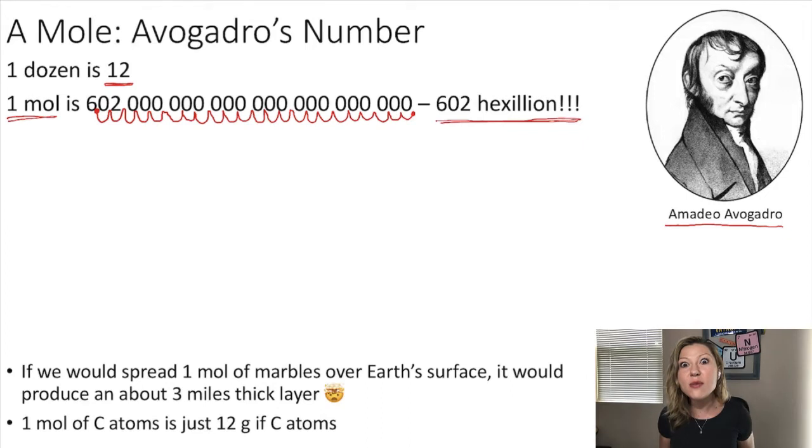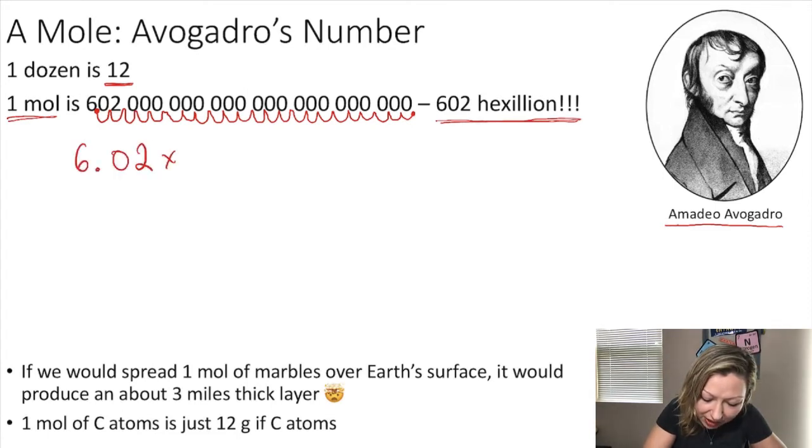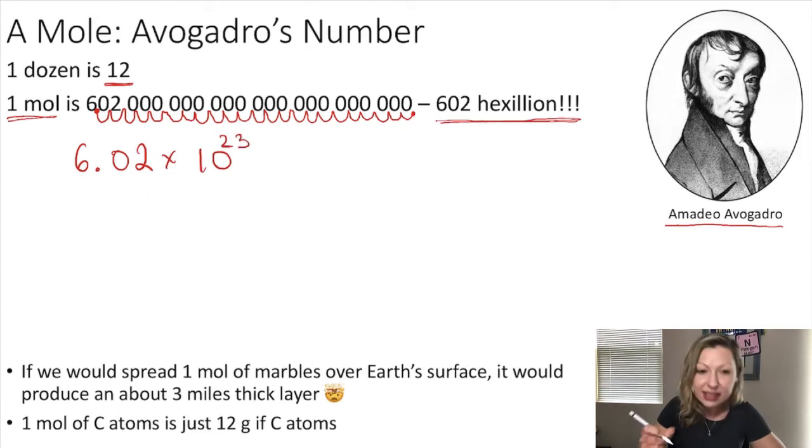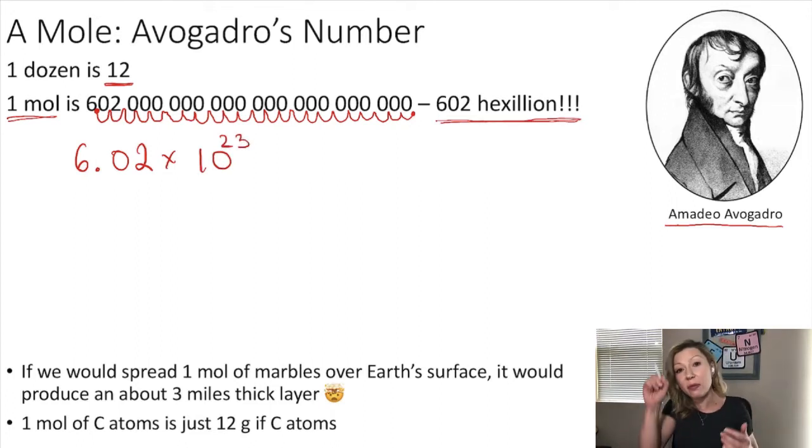Okay, so I moved my decimal point by 23 places, right? So this means that I can show 602 hexillion as 6.02 times 10 to the 23rd because I moved my decimal point by 23 places.